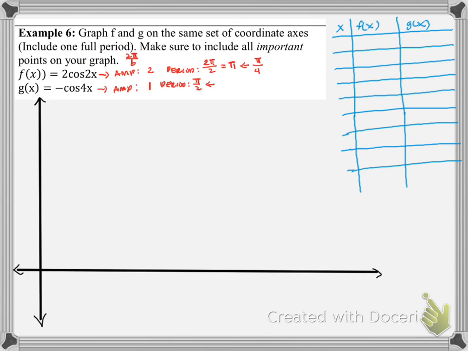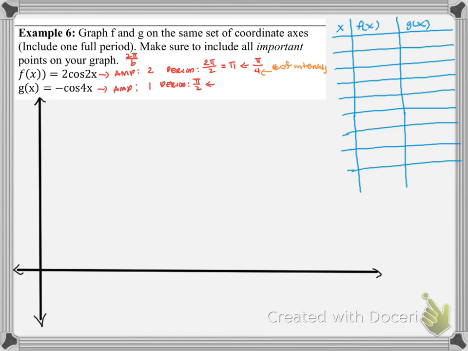And here, let me go back. So this represents the number of intervals. And so again, we take our period and divide it by how many intervals we want.